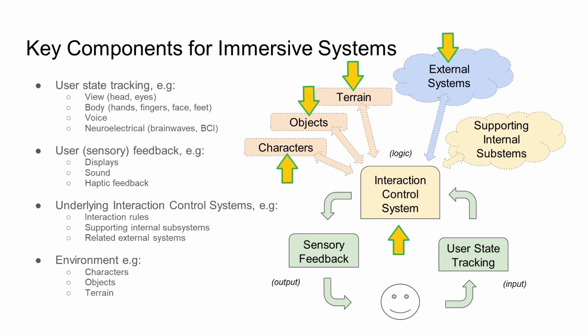And this singular interaction control system would of course be made up of even smaller subsystems working together to become a whole. So it's not really just one thing. We just think of it as one thing. We can nitpick the details to death, but let's pull back a little bit and just think of this as an abstract construct called the interaction control system. And essentially, it's where we decide what to do with the information that we take.